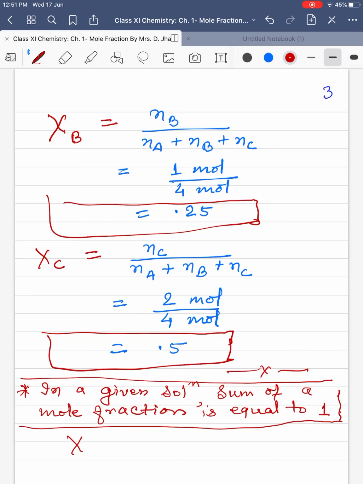Suppose the mole fraction of component A plus mole fraction of component B is equal to 1. It is because the numerator can never be greater than the denominator. That's why the sum of the mole fractions is equal to 1.